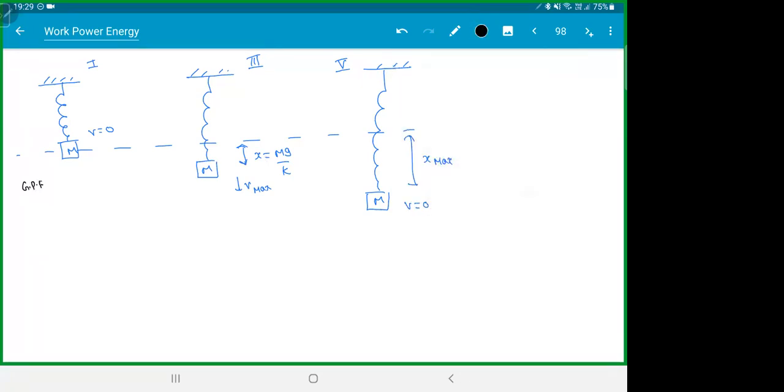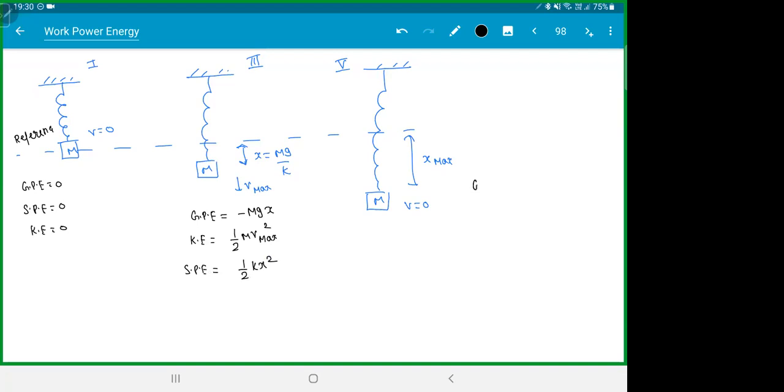Gravitational potential energy, 0. I'm taking the natural length as a reference line. Spring potential energy, 0. Kinetic energy, 0. Everything is 0 in state 1. State 3, gravitational potential energy, minus mgx. Kinetic energy, half m v max square. Spring potential energy, half kx square.